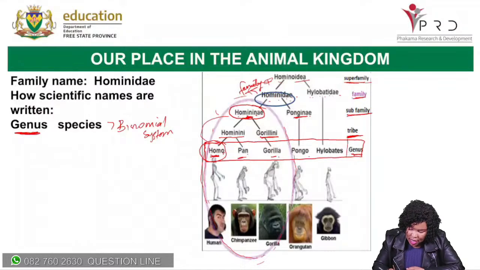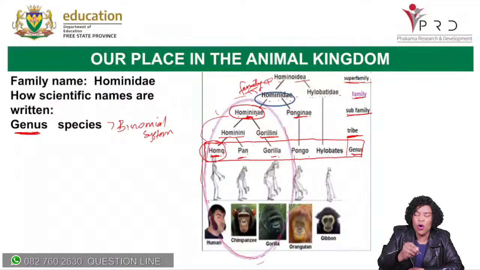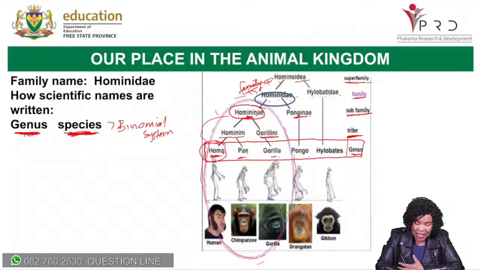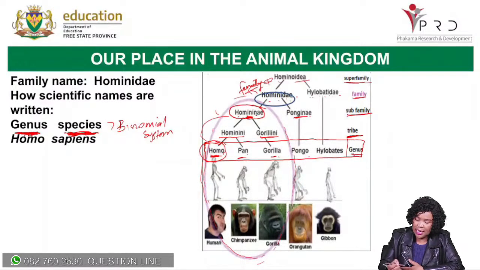Here is the genus. So if you say Homo something, then you know that the Homo stands for the genus. And then the specific species name will come after. Let's say you are talking about sapiens. Homo sapiens is a scientific name that we use for humans. But you will say the Homo will give us the genus, and then the species specific name will come after. So that is an example of Homo sapiens.